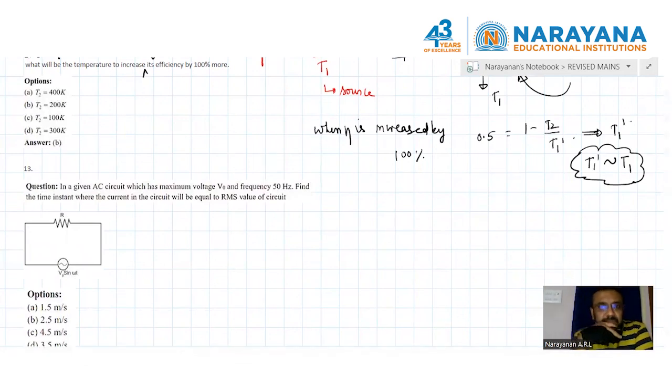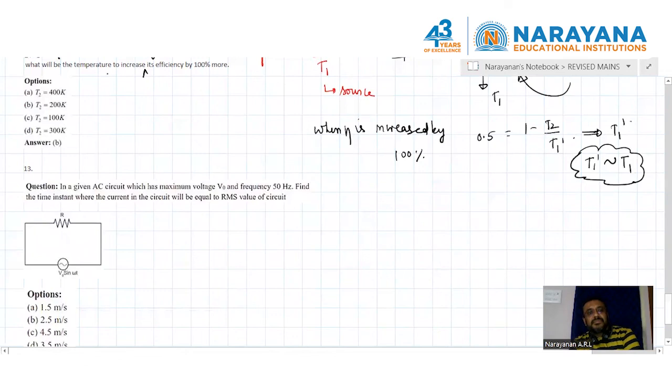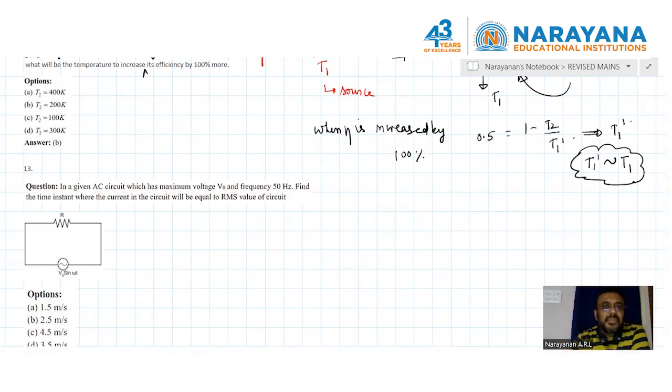I have one more question. In a given AC circuit which has maximum voltage and frequency given, find the time when the current in the circuit is equal to the RMS value.